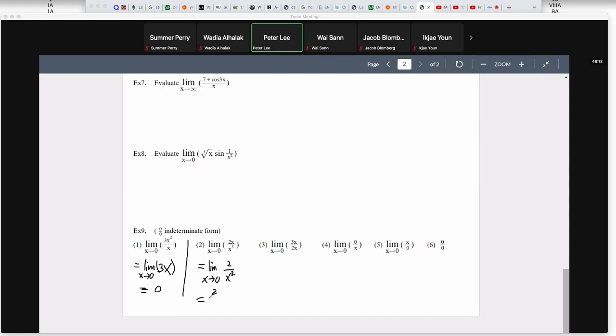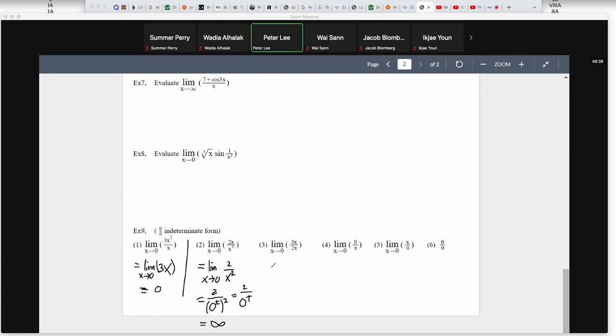Or could it be minus infinity? This is actually 0 plus or minus here. But the nice thing is that in this case we have a square. So when you simplify that, we get 2 over 0 plus. And so that happens to be infinity.